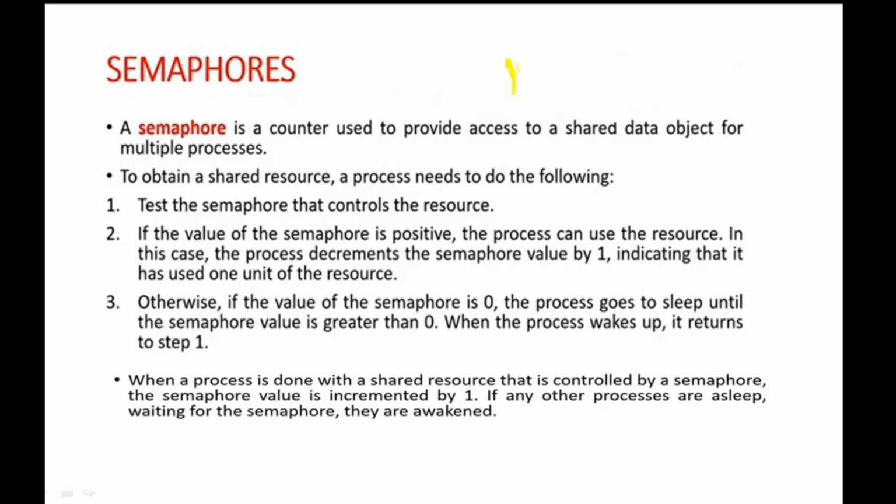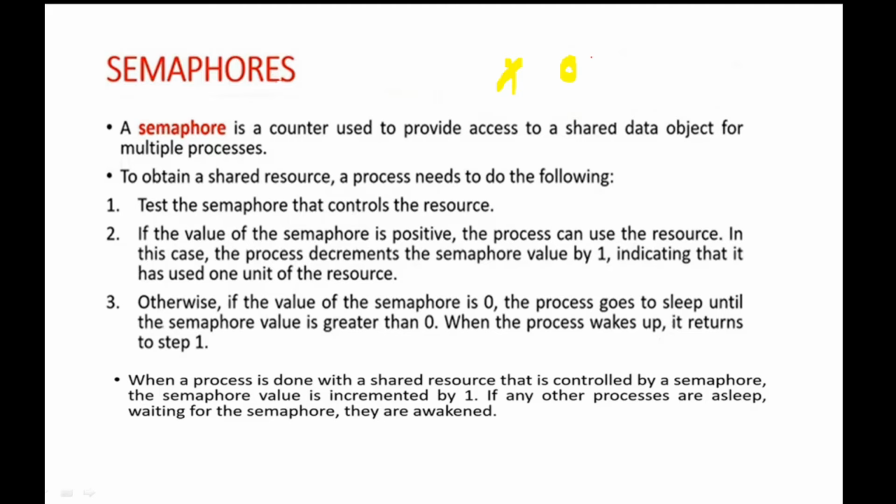If that resource is not accessible by any other process, at that time the value of that semaphore will be positive. Then I access that resource and decrease the value of the semaphore by 1. So now it will be 0.